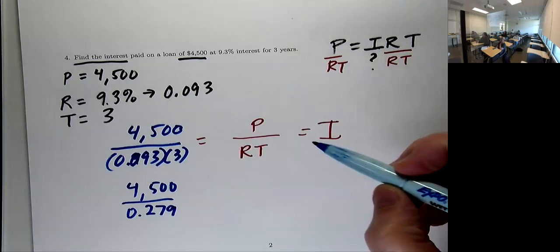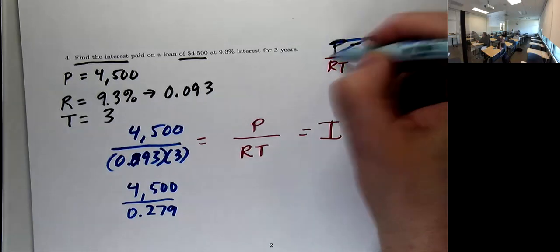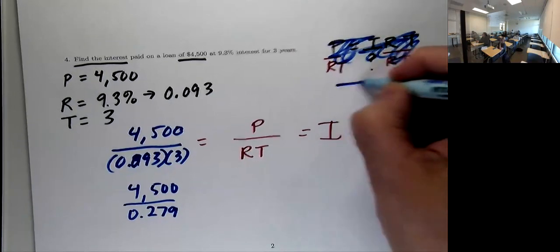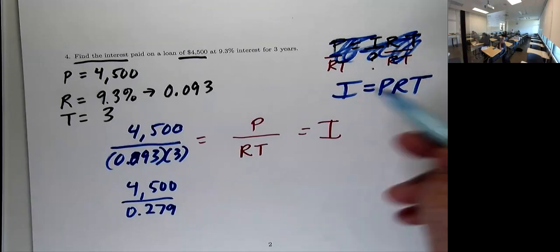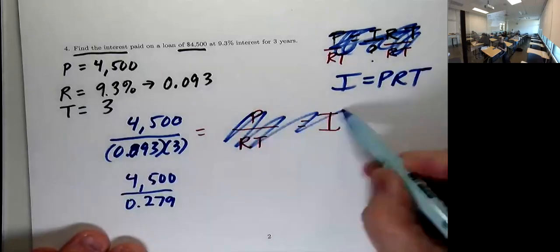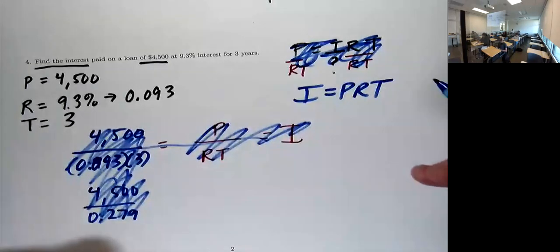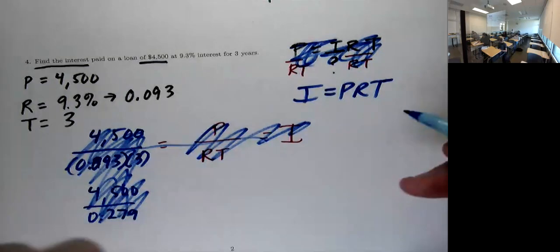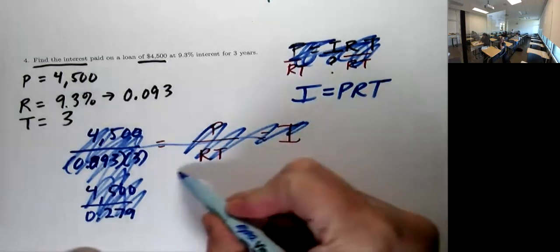Something's not right. His number does not make sense. I have this backwards. I is PRT. Oh, thank you. I'm like, there's no way that interest is gonna be really, really large. I messed that up. It was going to be like 16 grand. Right, $4,500, that's a good investment right there. Yeah, I equals PRT. It's already in the right order. All we gotta do is multiply it out.